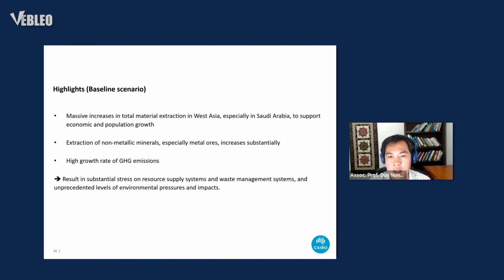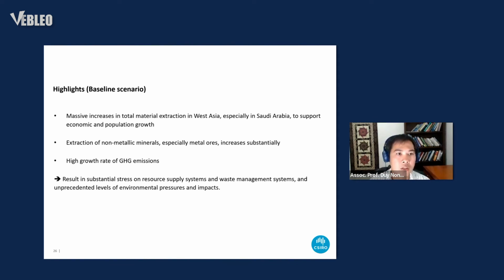If we just leave the region and individual countries in West Asia to develop as business as usual without any intervention, this will produce an unsustainable consumption and production system, and this will be harmful to the environment.